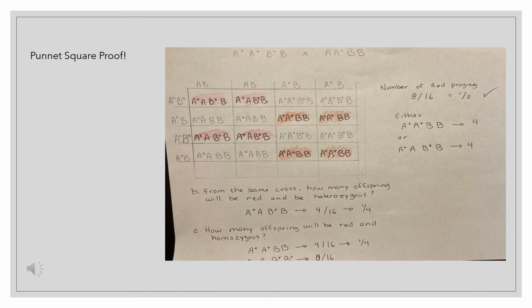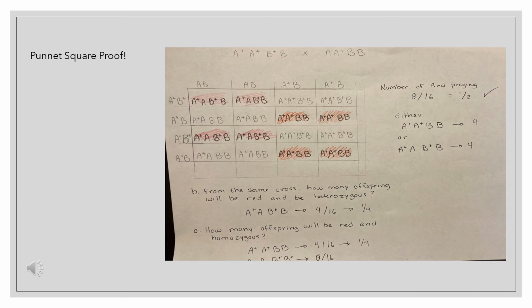And the other one, the homozygous one, the A plus B, B happens another 1/4 of the time. The question was asking how many of the offspring will be red. Those two genotypes give us red, so that is 8 out of 16, that's half. And that's when they're asking for phenotypes.